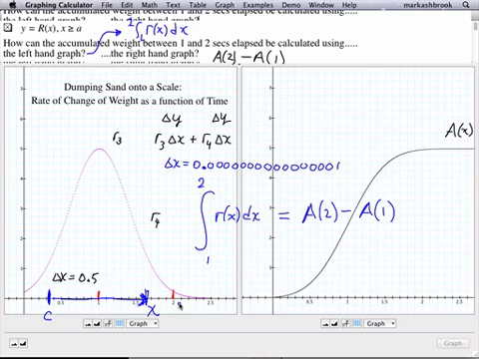Okay, so it's still a function. We used to call this a, right? So now we'll call it c, starting at c, accumulating up to x. What would our accumulated weight function be now?